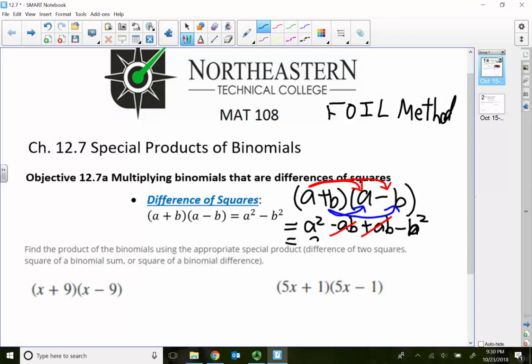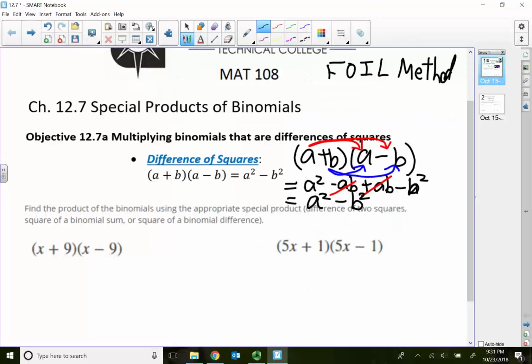Therefore, the answer will always look like my first term squared minus my second term squared. The difference means subtraction, and squares means it's a subtraction between two perfect square terms. So if we recognize that our problem is a difference of squares, we can simply write down our answer directly every time.